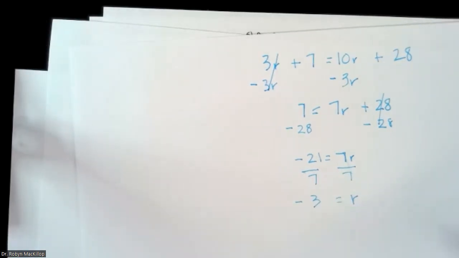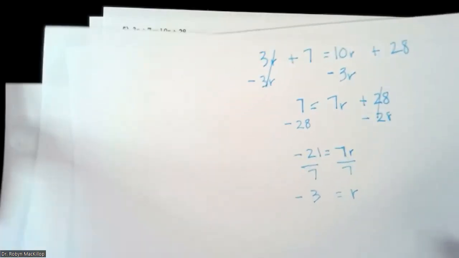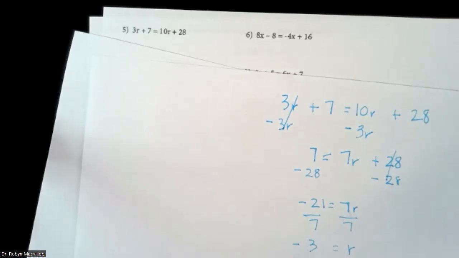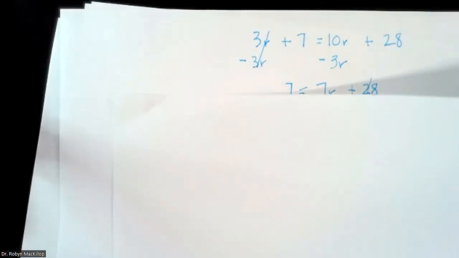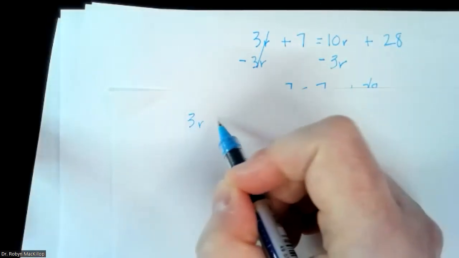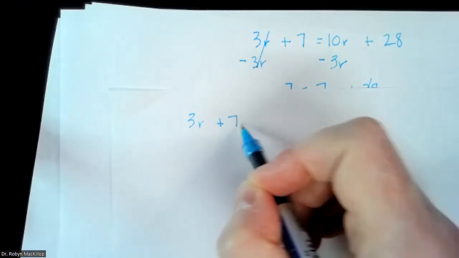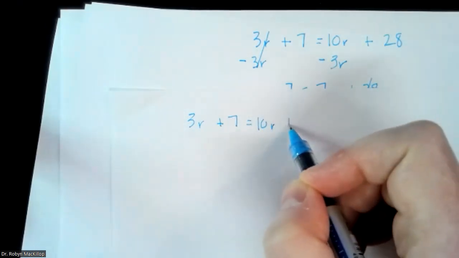So I'm going to do the same exact problem, but I'm going to get rid of something else first. Let me put this one up. It was 3r plus 7 equals 10r plus 28.